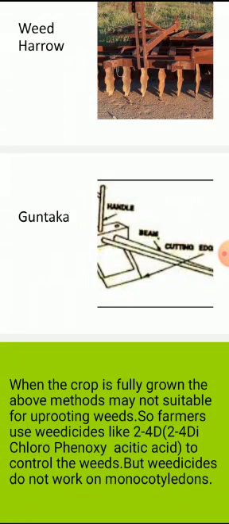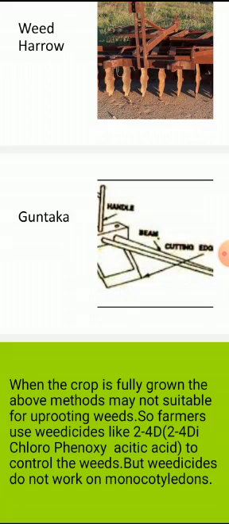When the crop is fully grown, the above methods may not be suitable. At that moment we do not use the guntaka and weed harrow; we use weedicides. What are weedicides? Weedicides are chemicals which control the weeds.